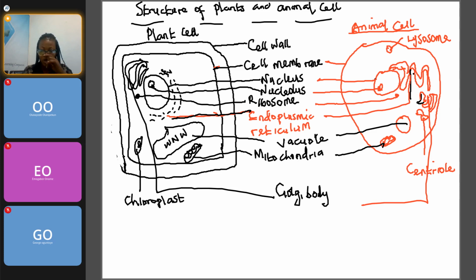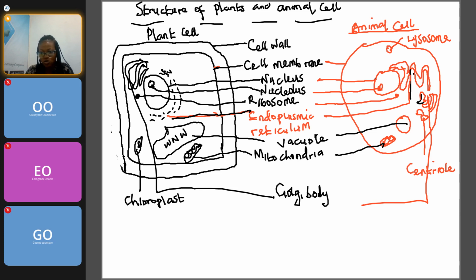If you look into it very well, you see that some components are present in both plant and animal cells, and then there are some that are present in plant cell and not in animal cell. That is the summary of the structure of plant and animal cell. What is not present in plant cell and present in animal cell?